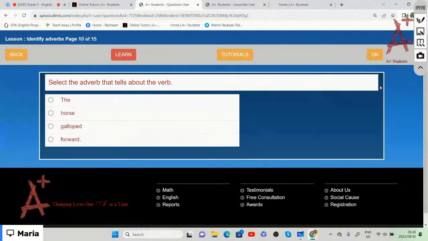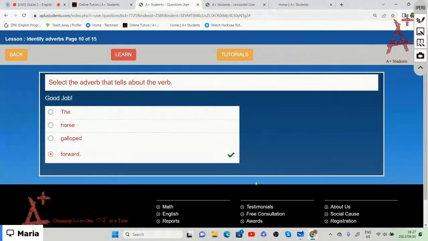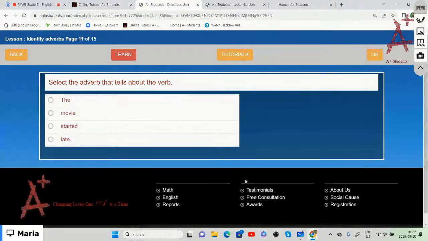Then we can say forward, because that is how or where the horse galloped. So forward is correct.